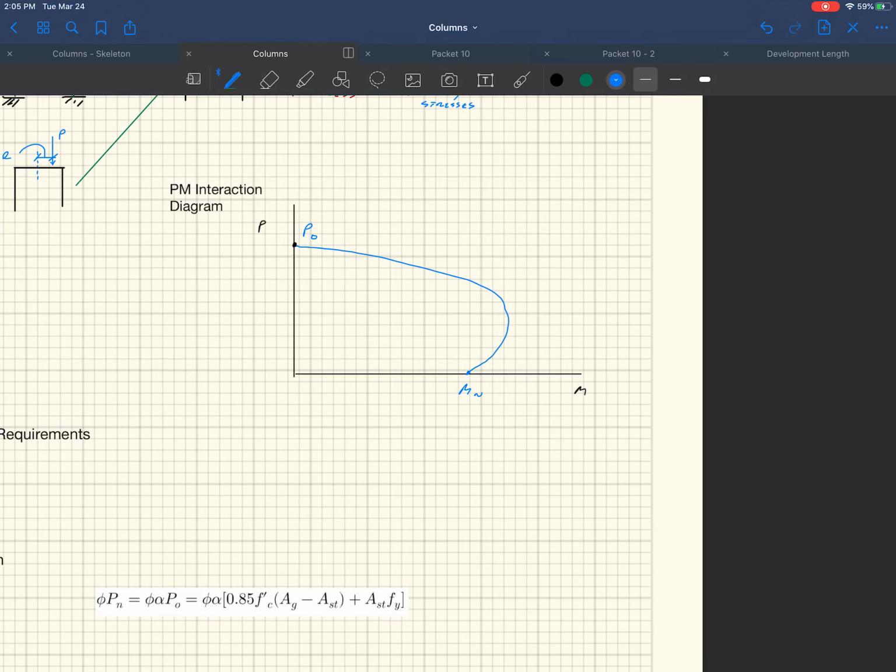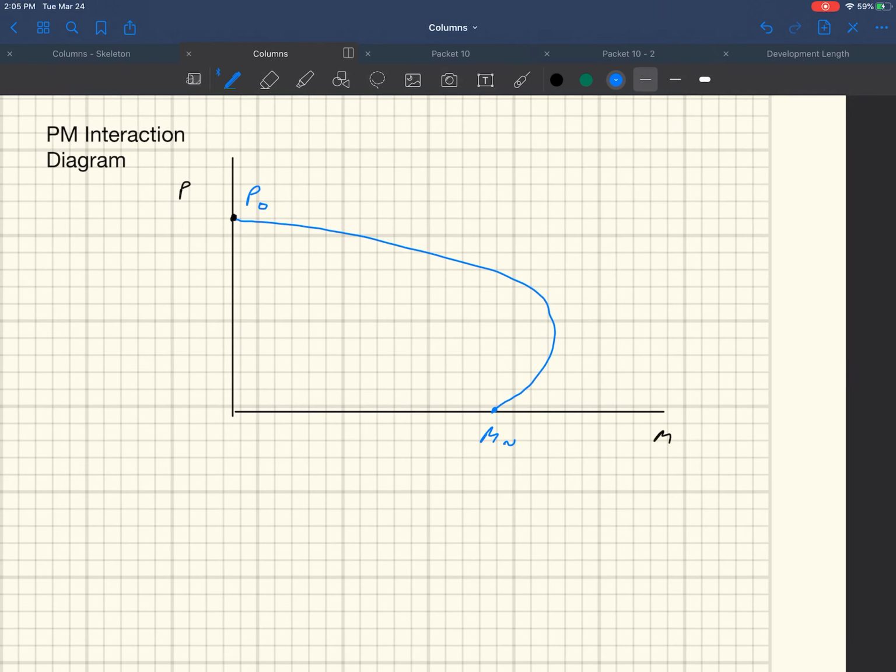Mn is what we did for the first part of this class, a beam without any axial load. And so they both start in those places, which makes sense that it would go from one place to the other. And this point right here is actually the balance failure, where epsilon sub s is equal to epsilon sub y. That's the balance failure.